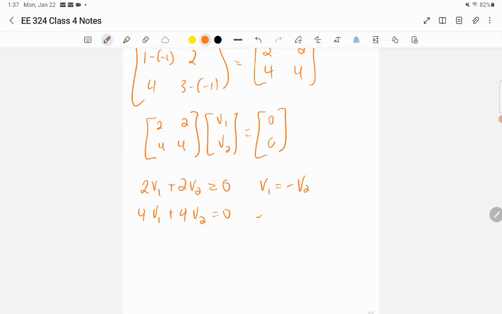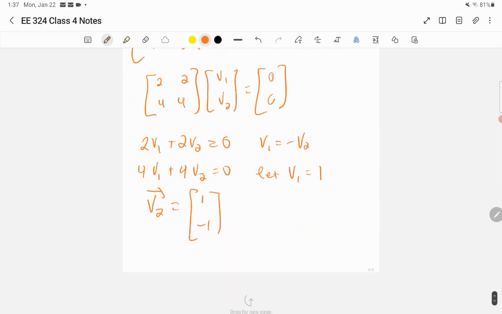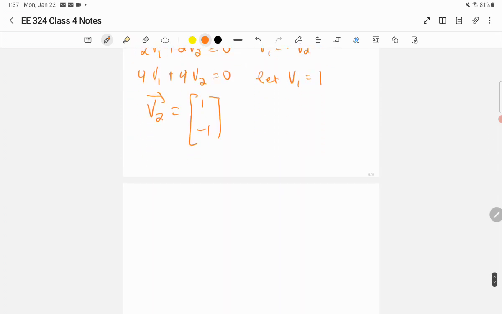So again, we'll let v1 equal 1. That means that the vector v2 is 1, negative 1, and it's associated with eigenvalue negative 1.